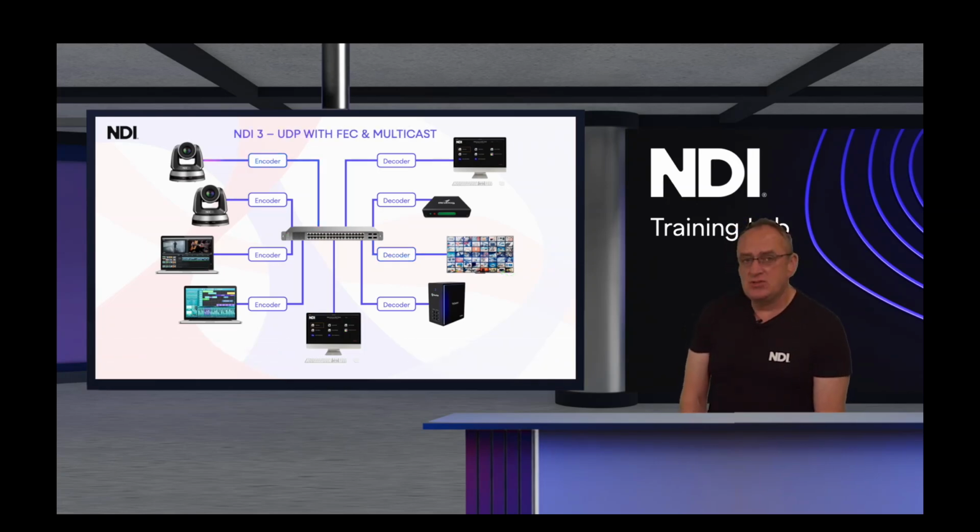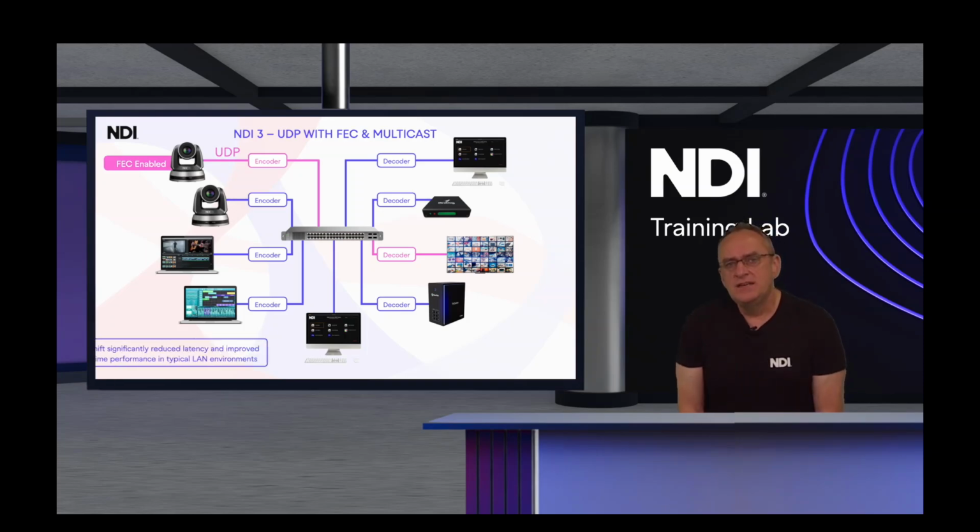NDI 3 gave us UDP with FEC and multicast. Now, NDI 3 significantly evolved by adopting UDP, or User Datagram Protocol, for video and audio transport alongside FEC, or Forward Error Correction, to compensate for packet loss.